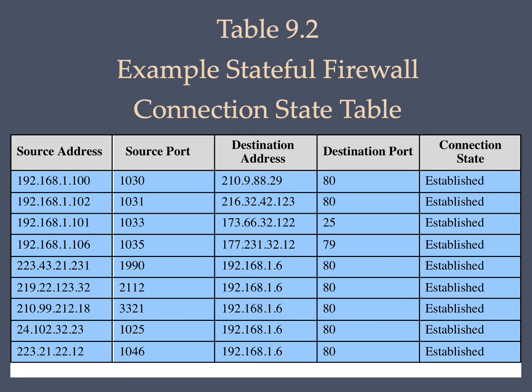So source address 100, port number 1030, destination address 29, and port number 80, right? Now it knows that somebody from outside has an ongoing conversation to IP address .29 on destination port 80.